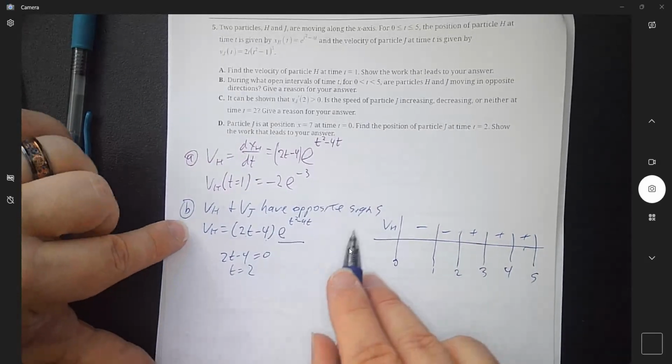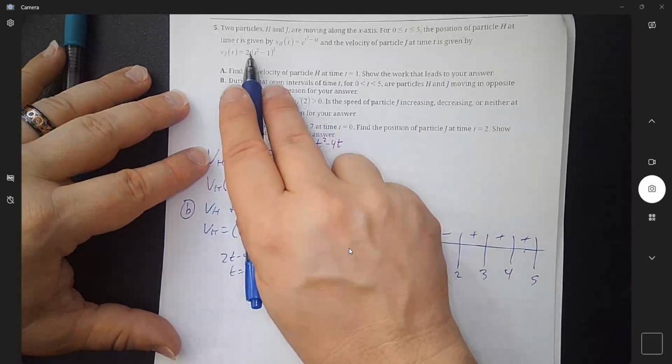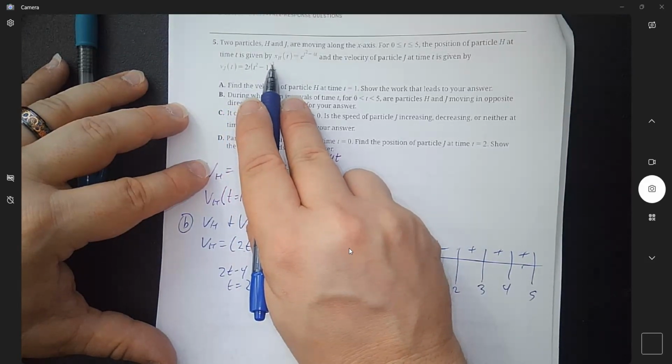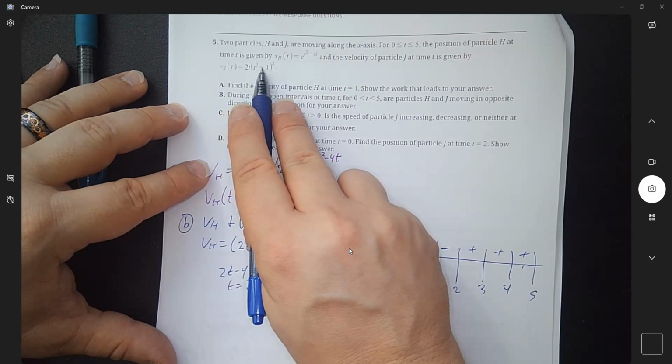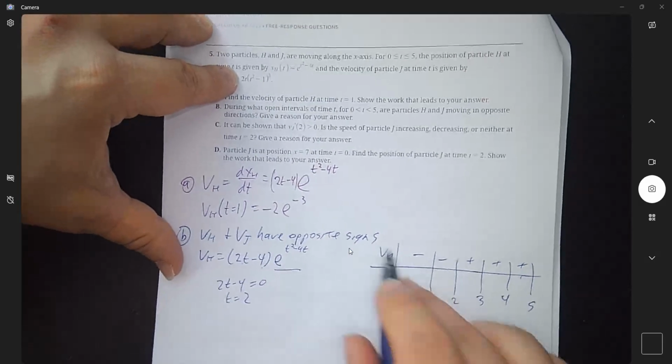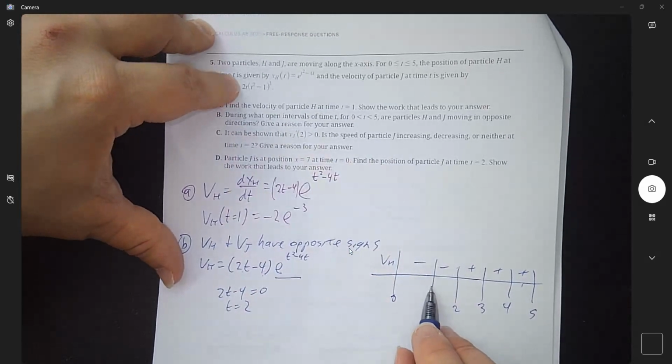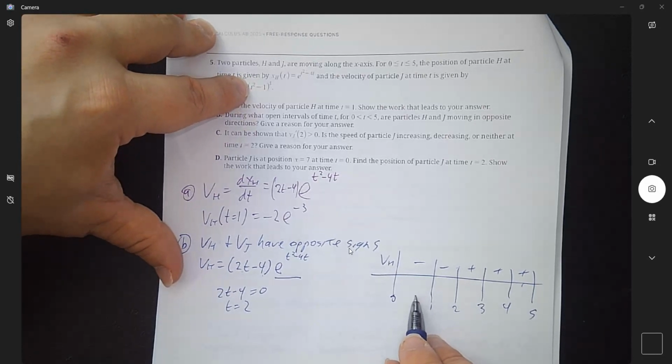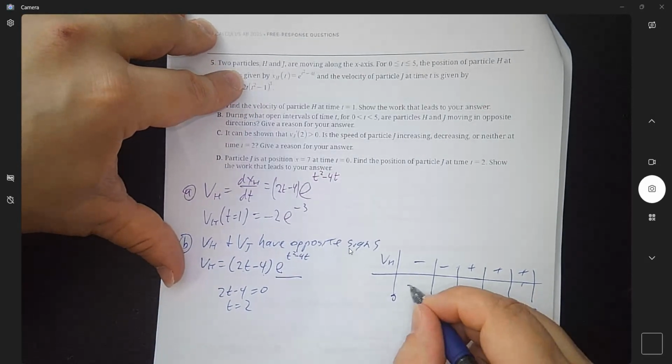And then let's look at this velocity right here. 2t times (t squared minus 1) cubed. Between 0 and 1, t is positive, but t squared minus 1 is going to be negative, and it's cubed, so this will be negative.